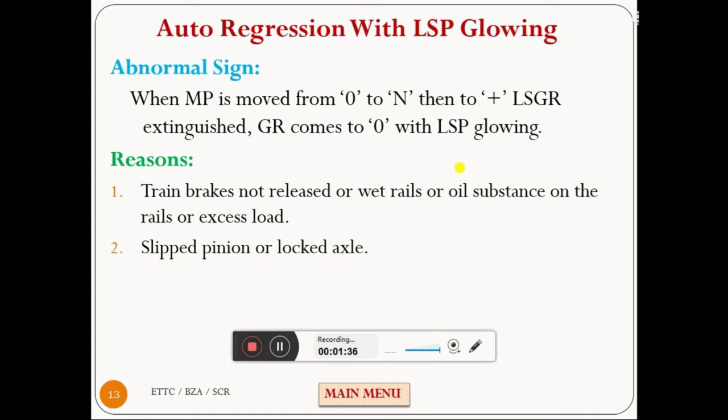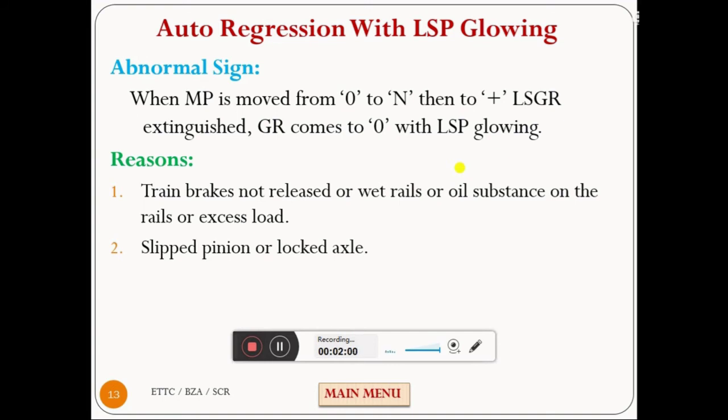So the first reason is related to the train and other circumstances due to which slipping of wheels may take place, which leads to differential current.